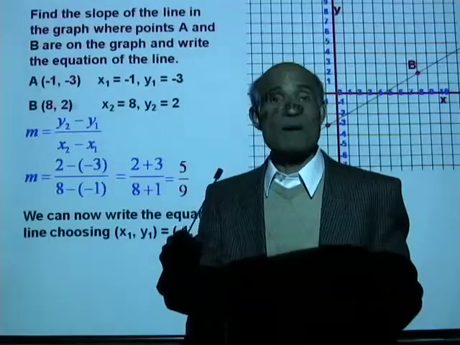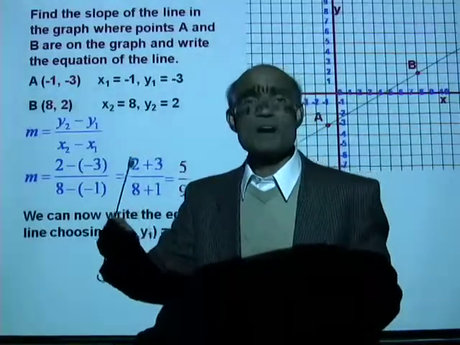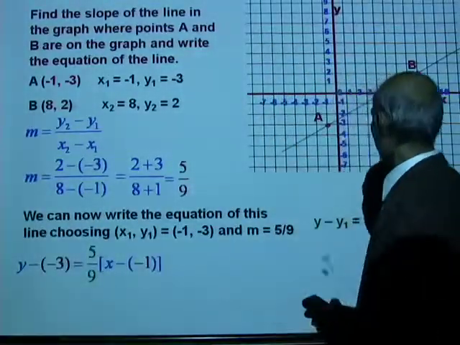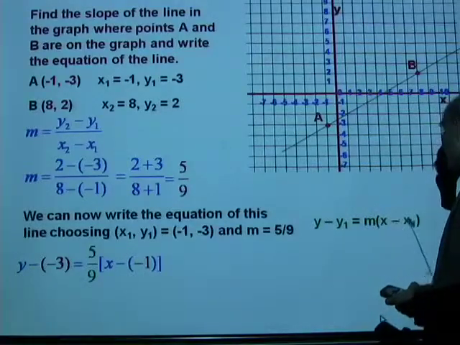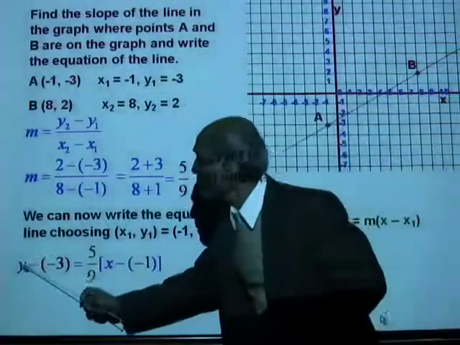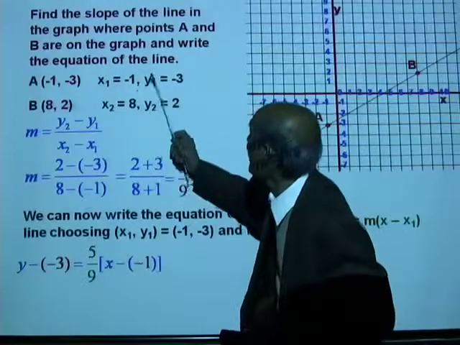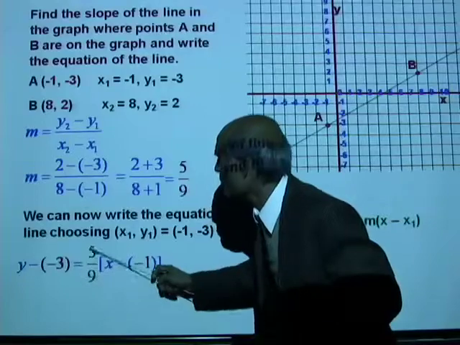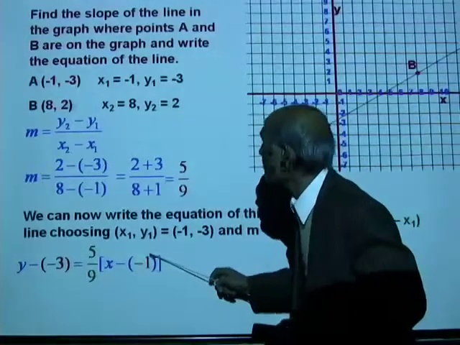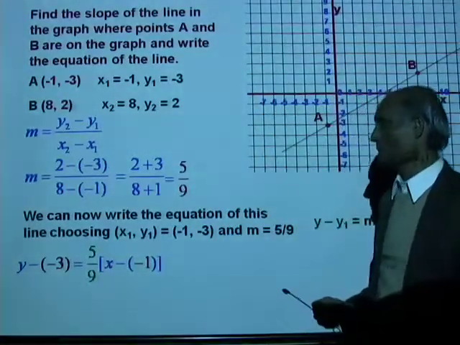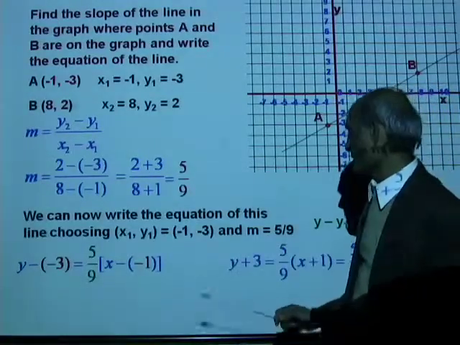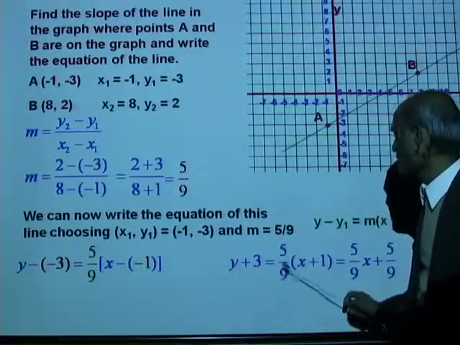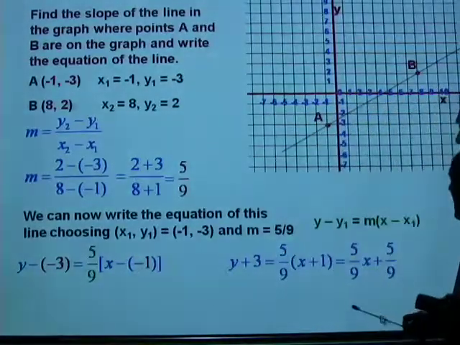Y minus y1 equal to m times x minus x1, right? Y minus y1, y1 is -3, equal to m, the slope, times x minus x1, x1 is -1. Simplify that, that will be y plus 3 equal to 5/9 times x plus 1.